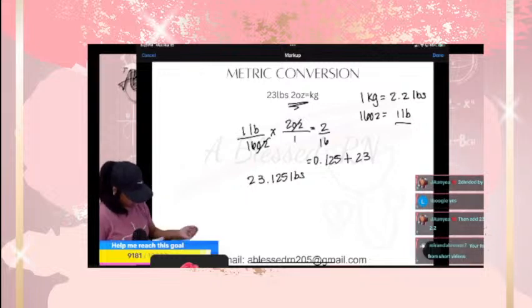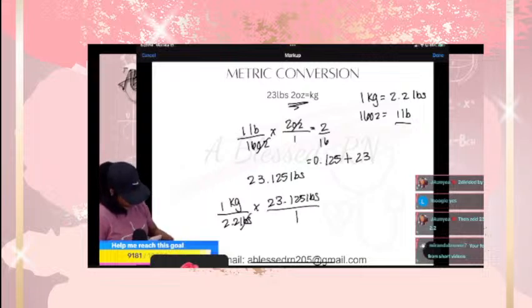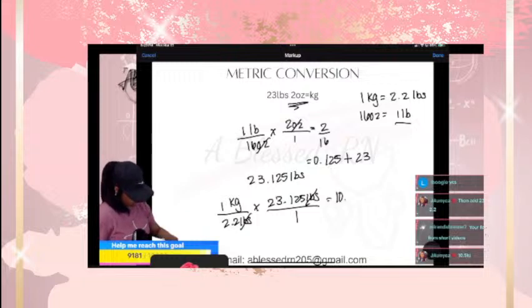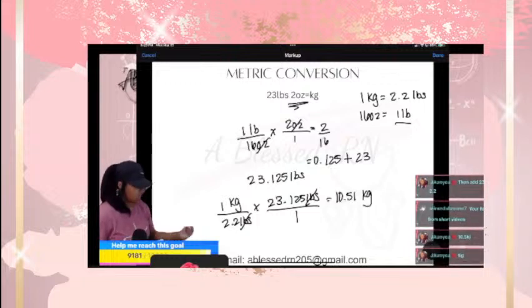So if we want to look for kilograms, we'll start with our kilograms, right? 1 kg is 2.2 pounds, and then we'll put our 23.125 pounds on the top. So we'll do 23.125 divided by 2.2, and that'll be 10.51 kgs.